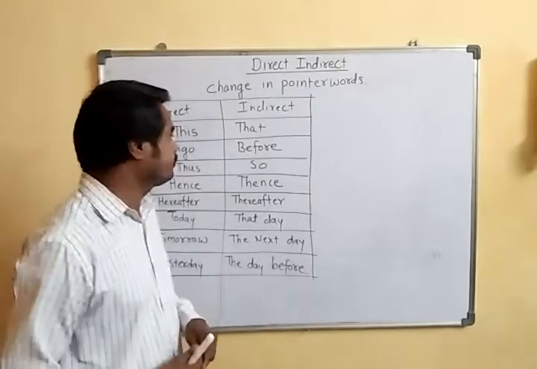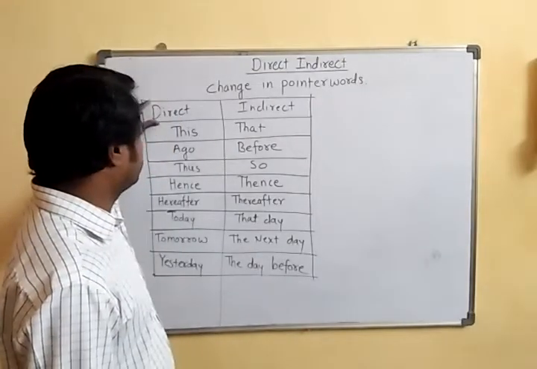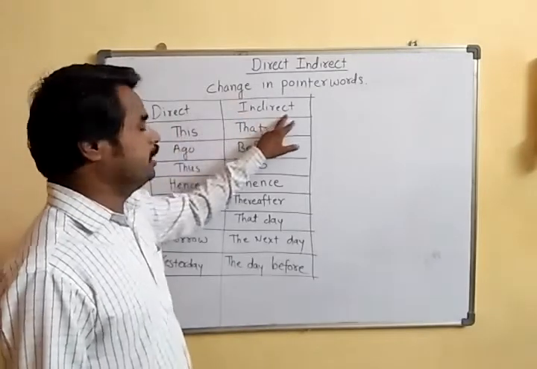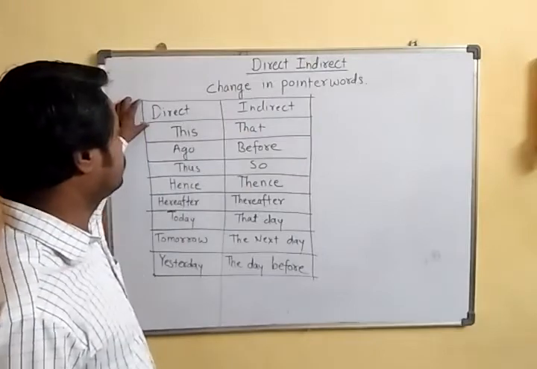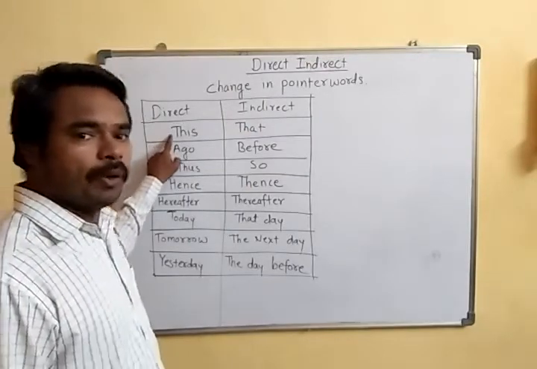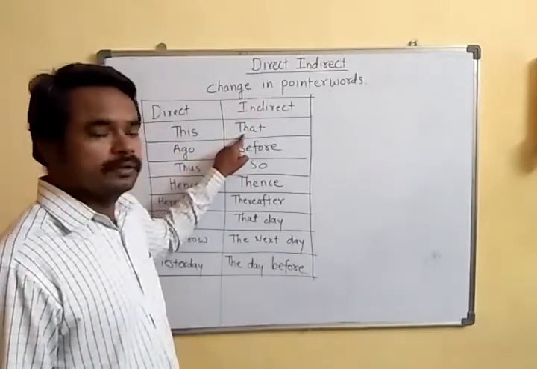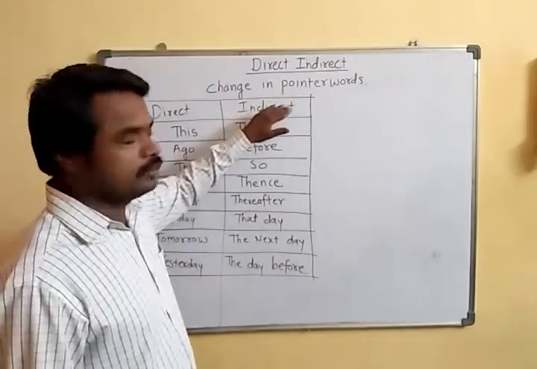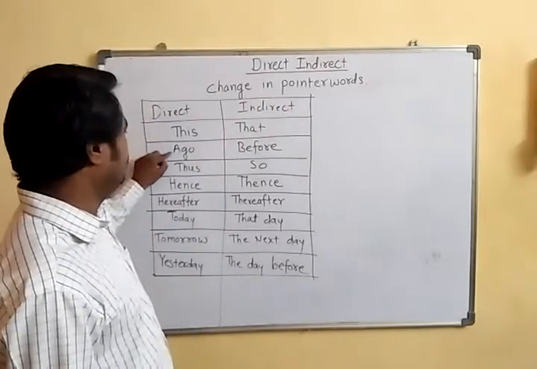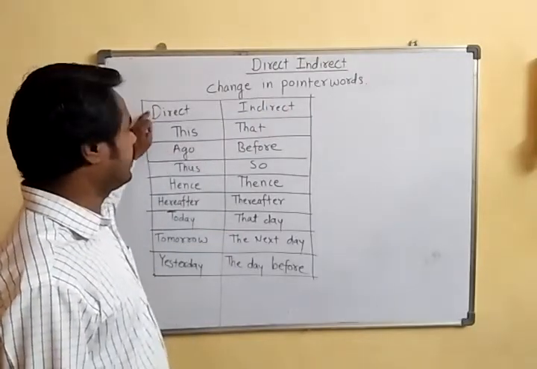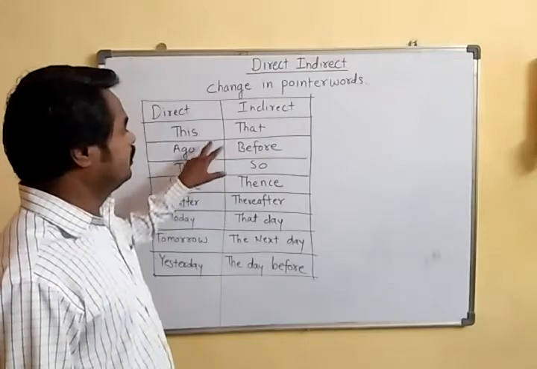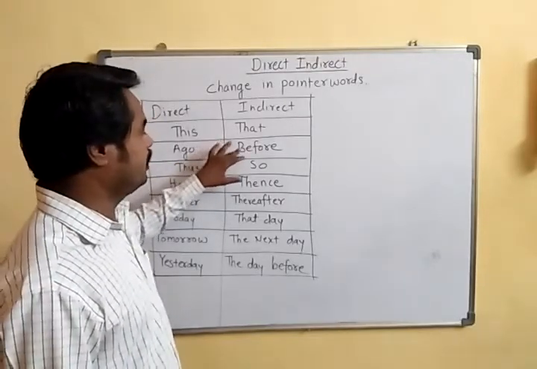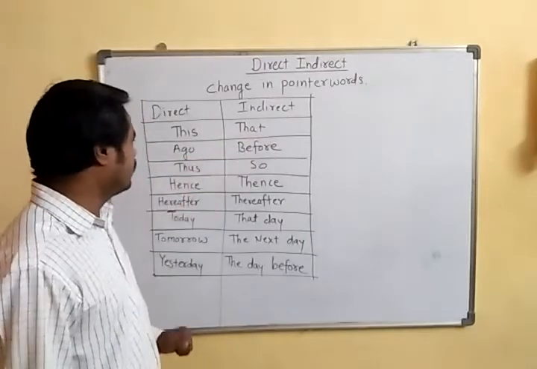Now let us see, in direct, if we are using these pointer words, how we have to change them in indirect. Suppose in a direct sentence, if this is used as a pointer word, we have to convert it into that while doing indirect. If ago is used in the direct sentence, then we have to change it into before while doing indirect.